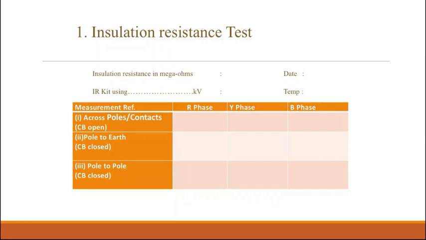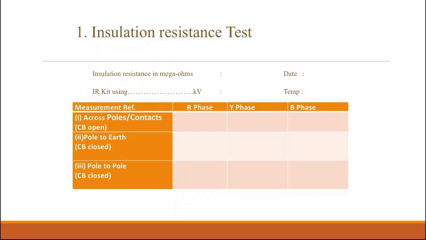So we have to check by applying a high voltage of 5 kV or 10 kV if it is a 6.6 or 11 kV system. If it is a 415 volt breaker, we have to apply a maximum of 1 kV DC, and we have to measure how much resistance is offered across the breaker. Also, before starting we have to ensure at what temperature we are conducting the insulation resistance test. We also have to check the healthiness and calibration of the kit.